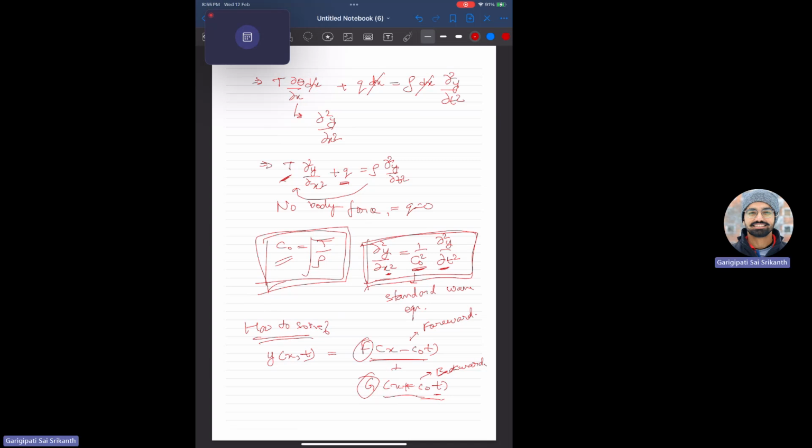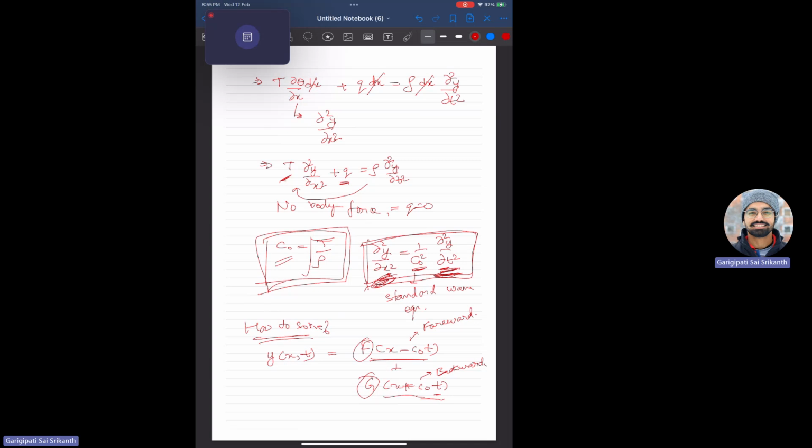We see that it is a double derivative with respect to x equal to some constant times the double derivative with respect to t. So there's a space derivative and there's a time derivative, and that is fundamental in a wave equation. How do you solve this?